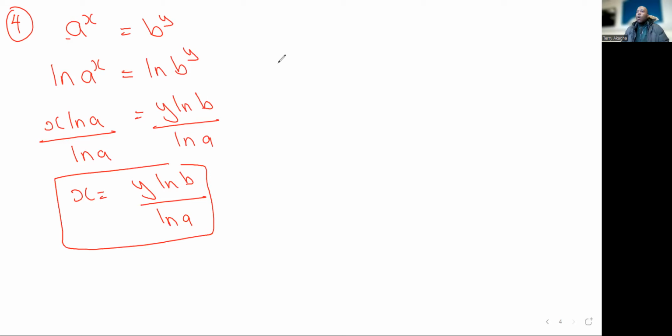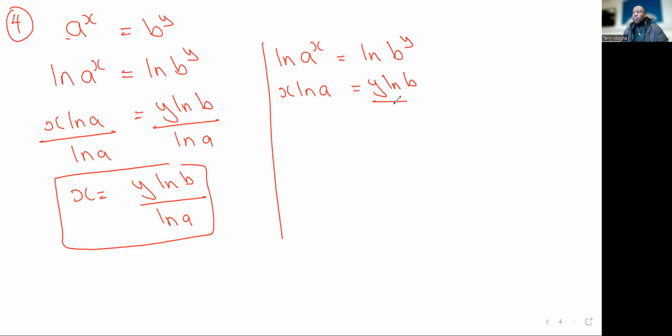Are you seeing it? Or if you want to make y the subject of the formula and you want to use ln, the same principle, you take the ln of both sides. So it's going to be ln a^x is going to be equal to ln b^y. You bring x down, x ln a will be equal to y ln b. You divide both sides by ln b in this case.